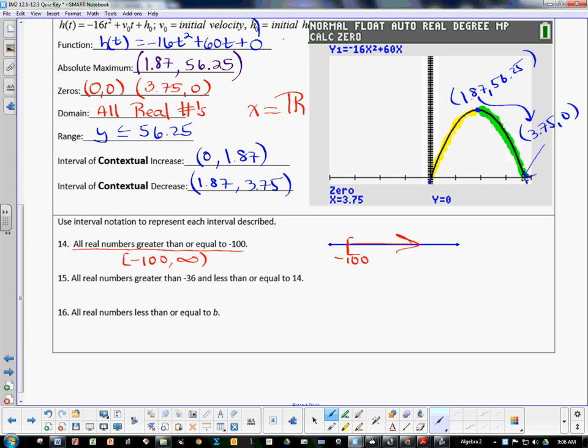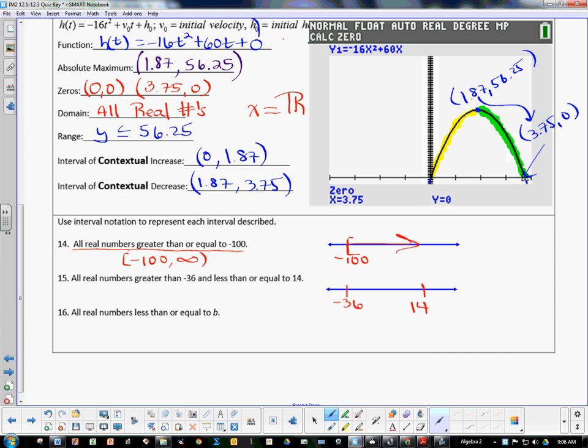Okay, next one. I have a negative 36 and a 14. If it helps, here's your negative 36. Here's your 14. And this one is a less than or equal to. Whenever you see less than or equal to, does that indicate parenthesis or bracket? Bracket.